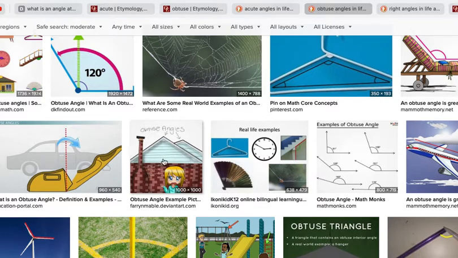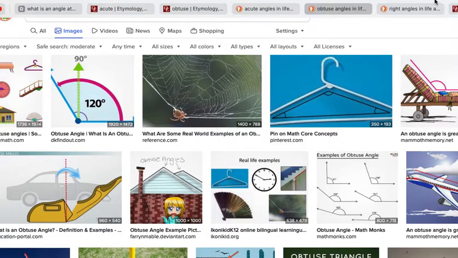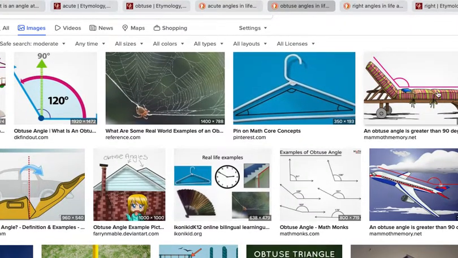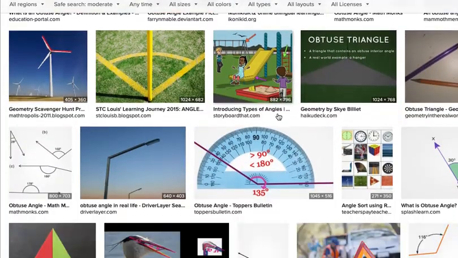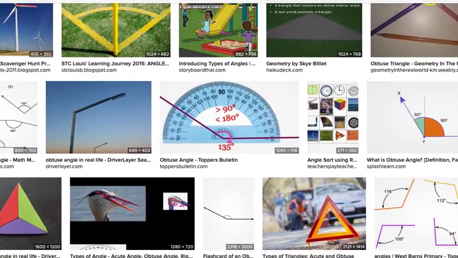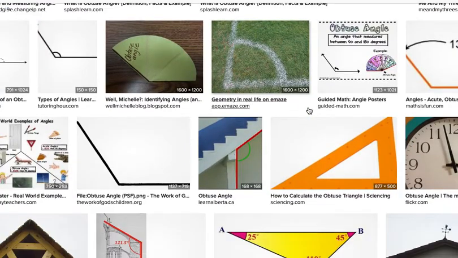Do we remember? Those are called acute angles. So up here on the top of the hanger, here we have a picture of the angle of a lawn chair. So we see angles all over the place. They help us to build and design things, and they help in making triangles.